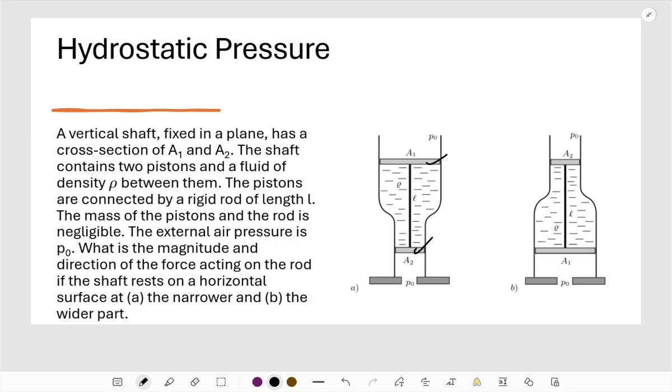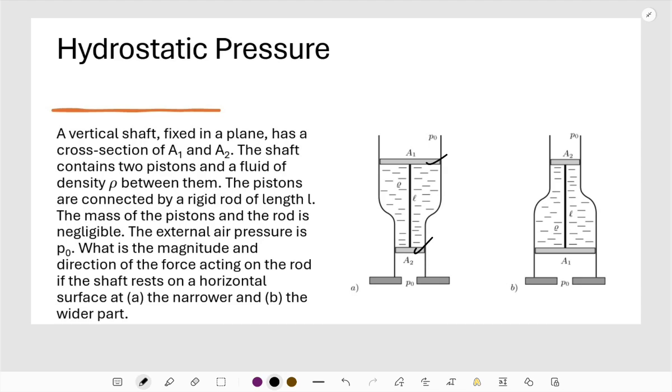This is a real engineering problem. And the fluid of density rho between them. The pistons are connected by a rigid rod of length L, and the mass of the pistons and the rod is negligible. That's one good thing. And the external air pressure is P naught. If you want to call it atmospheric pressure, you can call it.